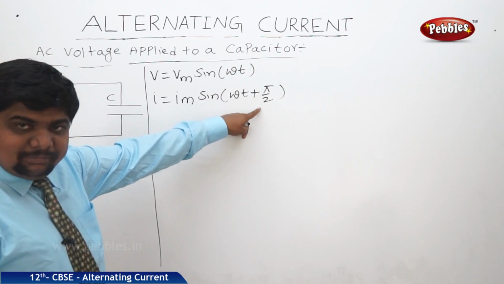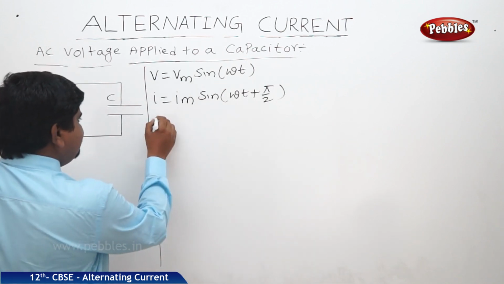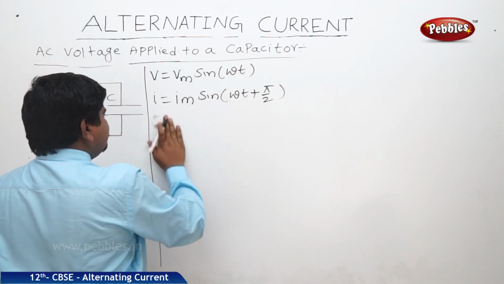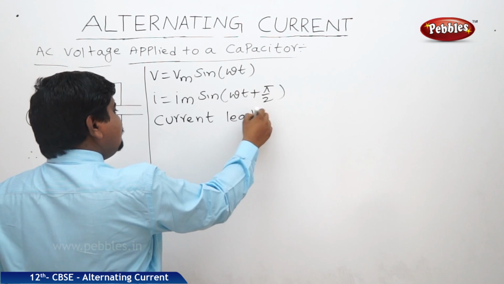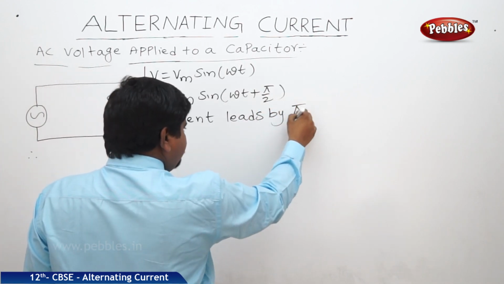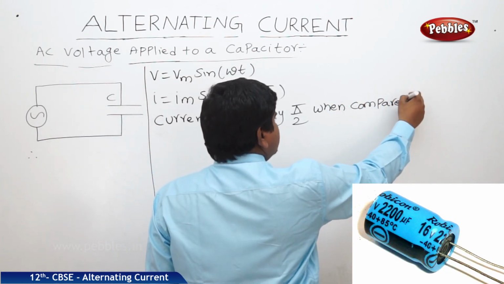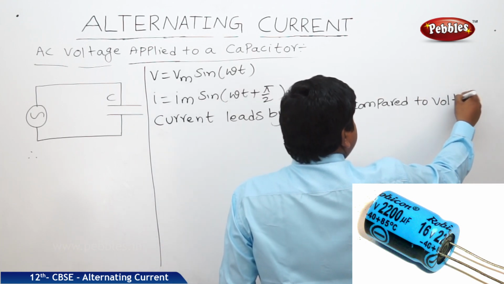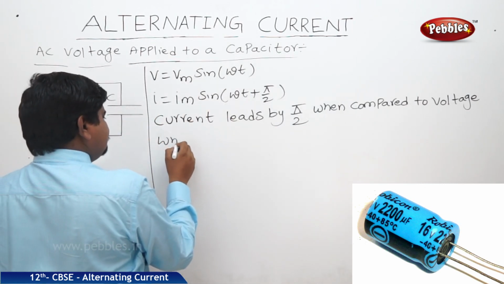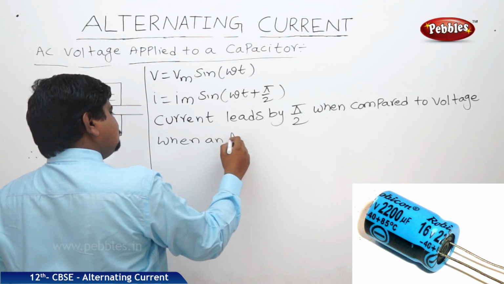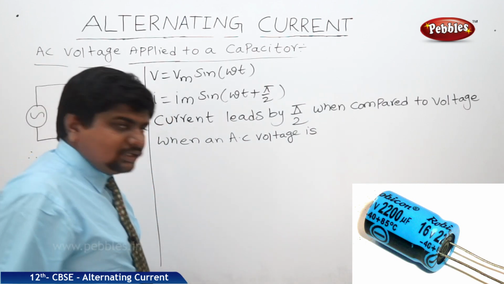So current leads by pi by 2 with respect to the voltage when an AC voltage is supplied to the capacitor.